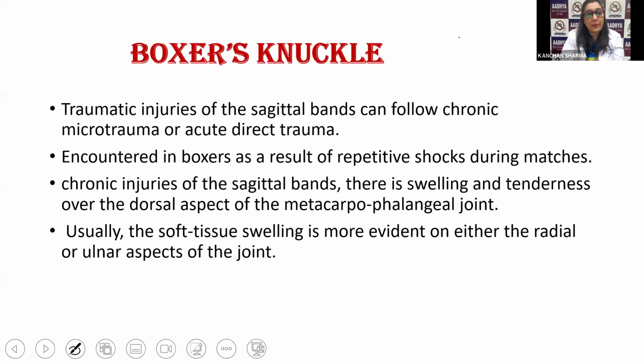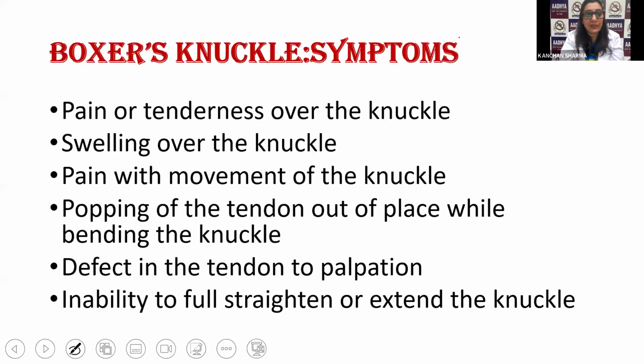So if you have a problem with the sagittal bands, it usually happens in a boxer, okay? And even if you're going to the gym and doing lots of boxing, kickboxing, then also you are much more prone to the development of injuries related to the sagittal band. So these patients will have pain and tenderness over the knuckles.